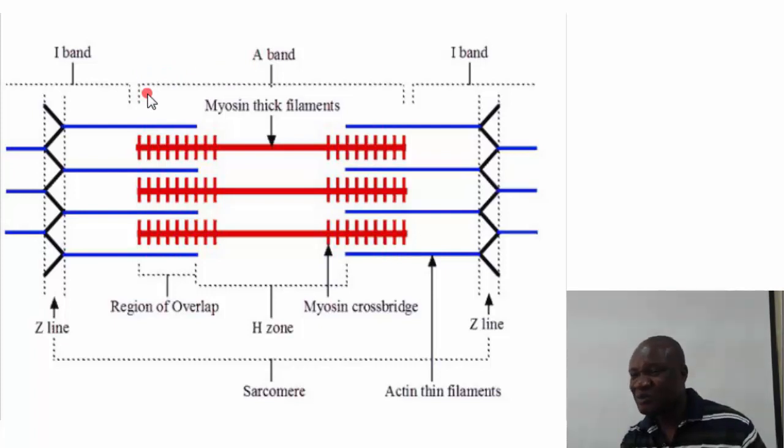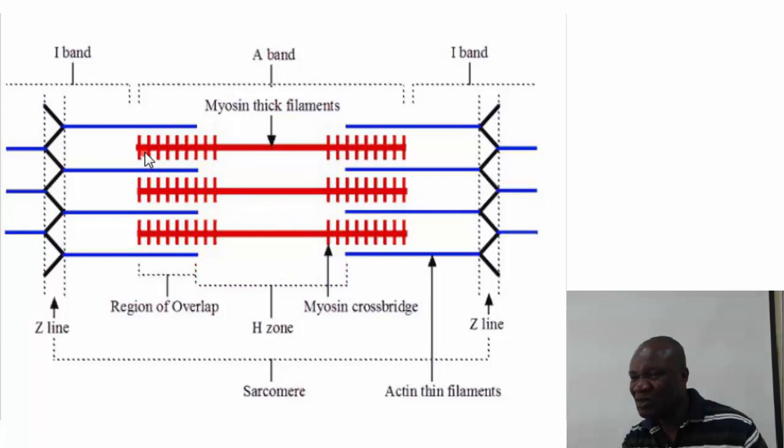Now, within the A band, there is a lighter shade region, which is just made up of only thick filaments. And this region within the A band, which is lighter colored, is the H zone. So we have our H zone in the A band.